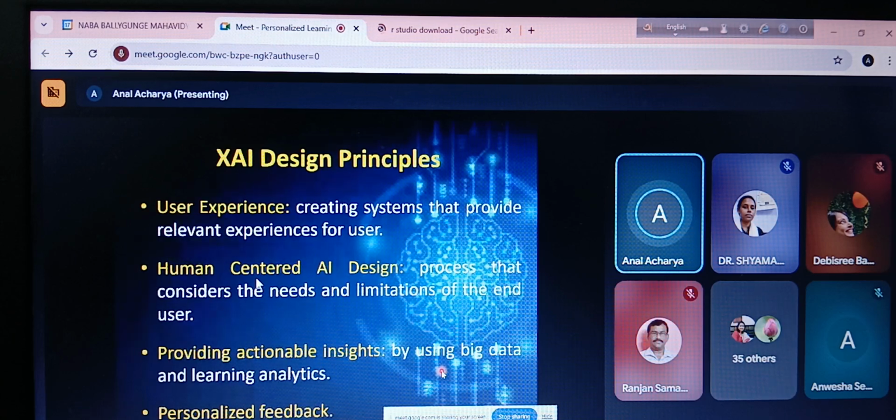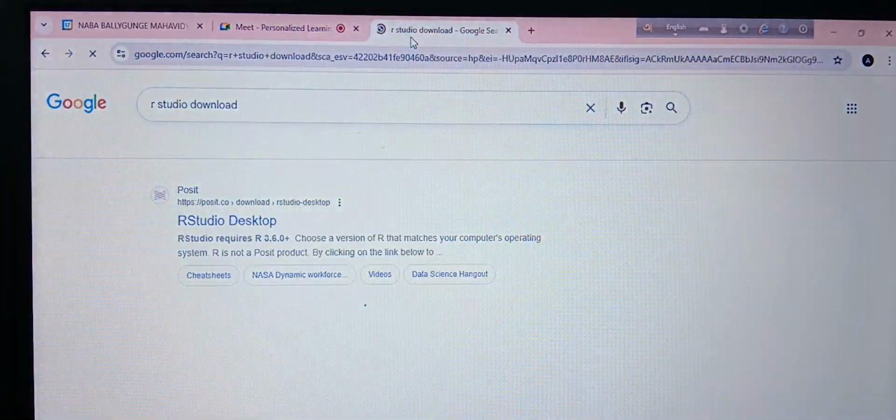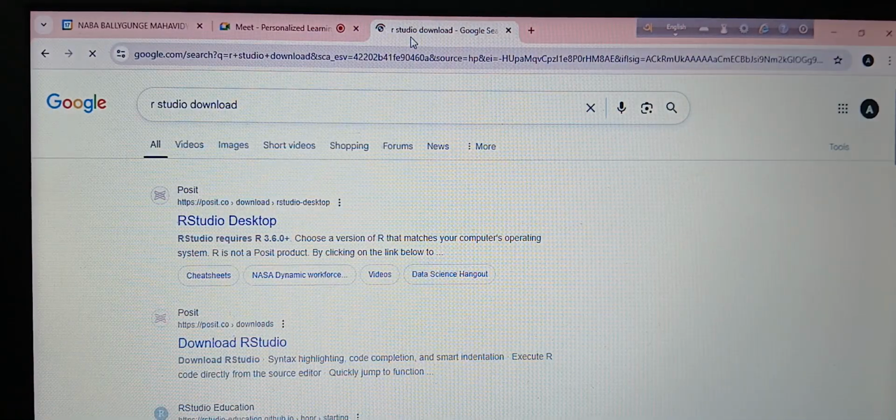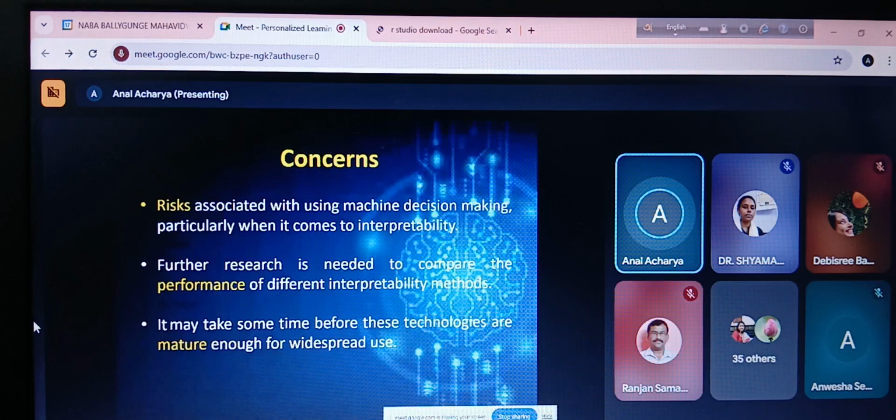It will be 365 into 5 lakhs. So this is an example of big data. Personalized feedback, that means why a student has not been able to do well in an exam, is an example of personalized feedback.